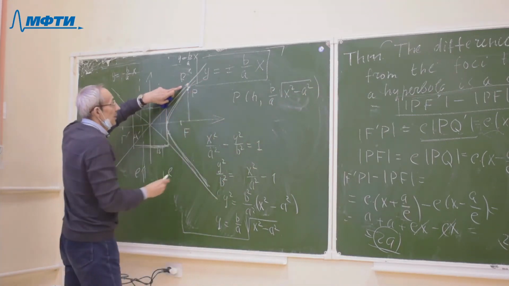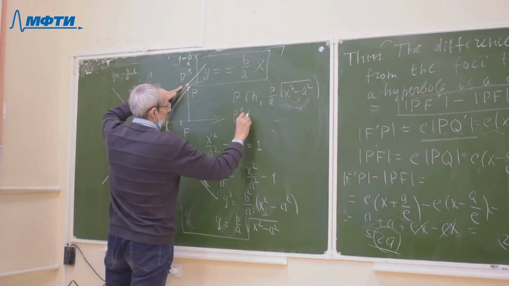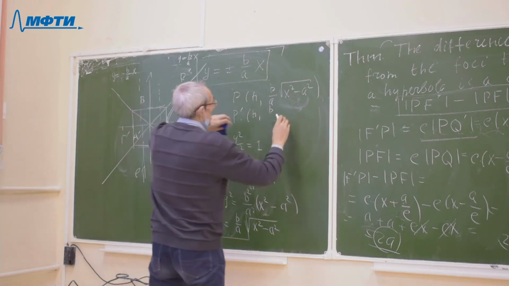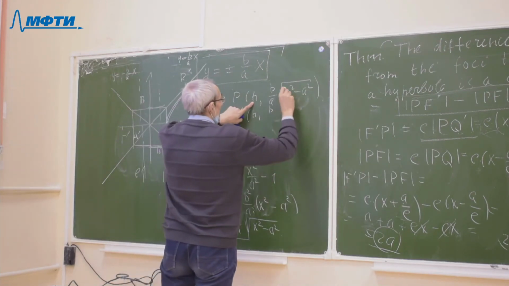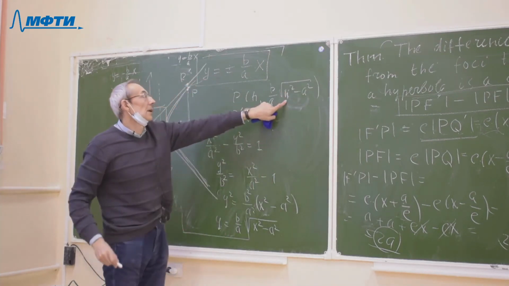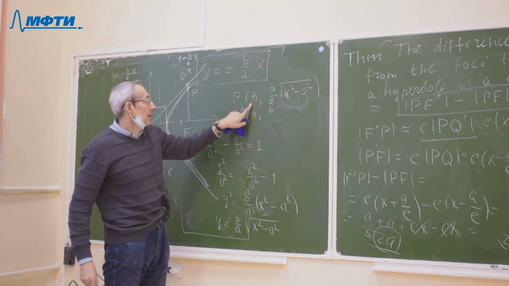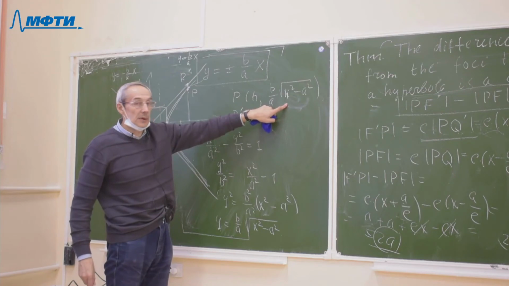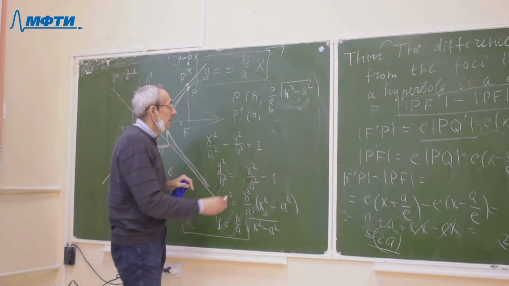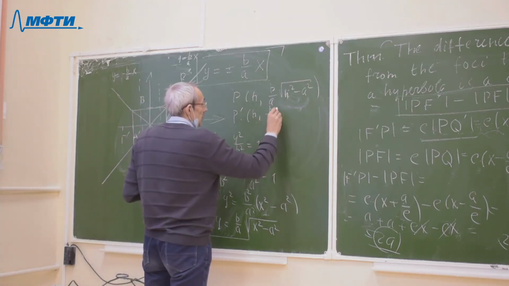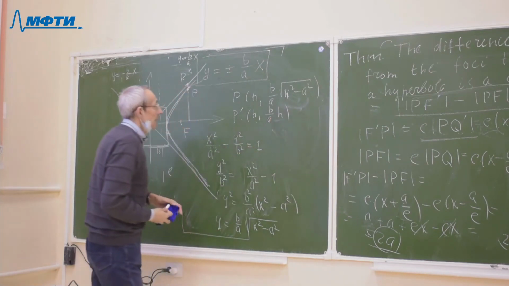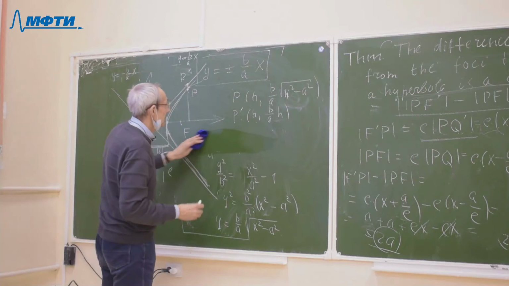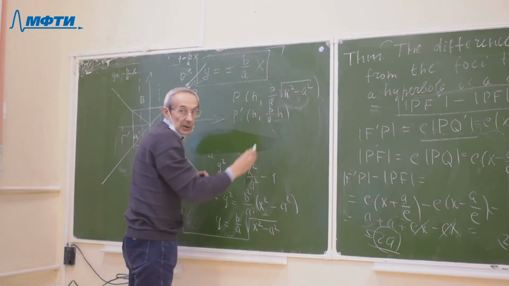And P prime has coordinate h. Oh, I'm sorry, I change x to h, the first coordinate. And in this case, we have coordinates h, b over a h.